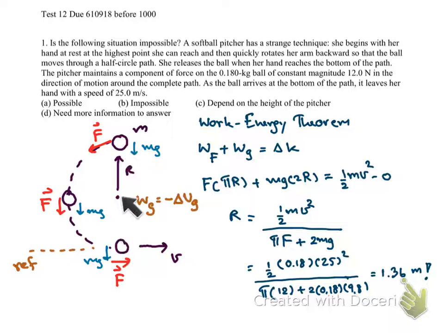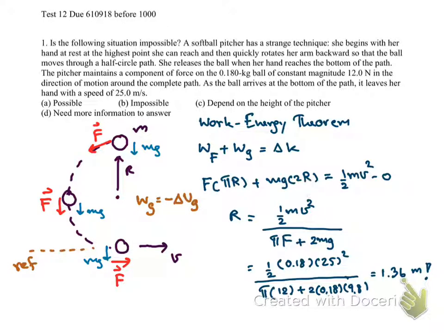In this case, h is 2r, right? We can see that the ball goes from this position to that position and the height is 2r. So delta Ug here is minus mg2r. Work done by gravity is minus that value, so the work done by gravity is mg times 2r.